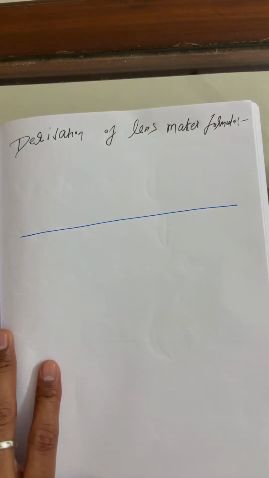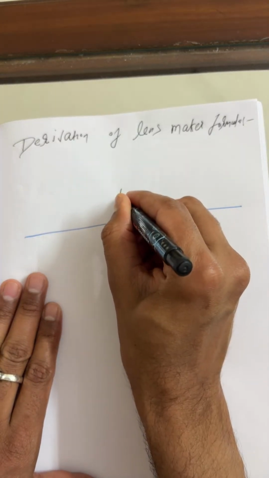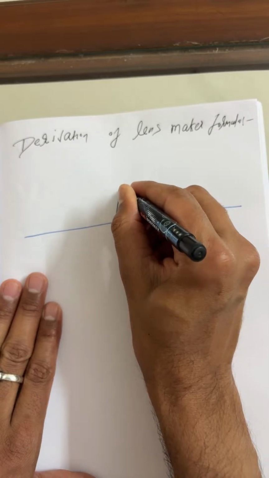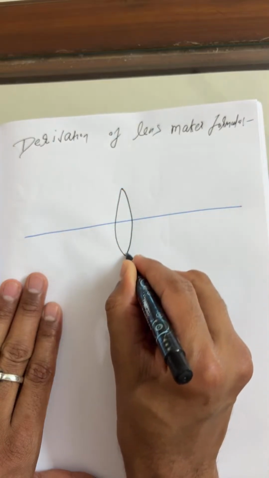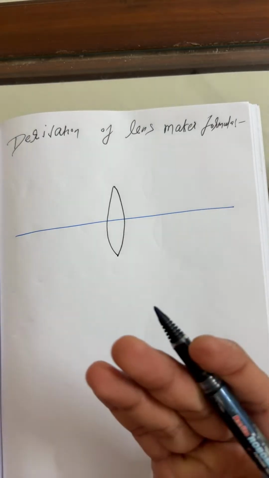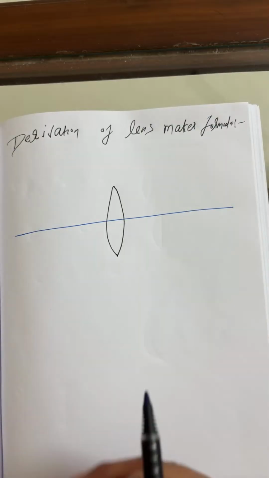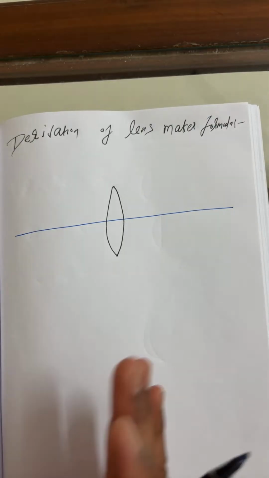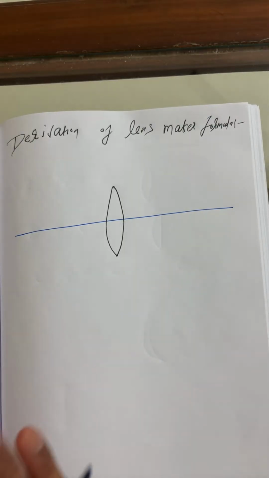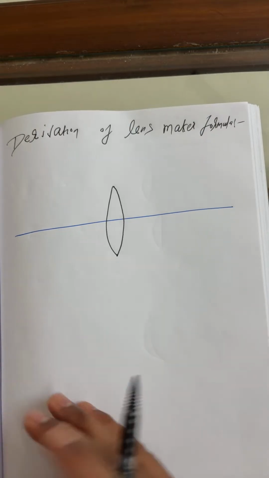This is the principal axis. Now, students, this is the concave lens. Here, I didn't discuss sign convention and formation of images, because I'm considering you already know, because I already taught how image formation takes place.